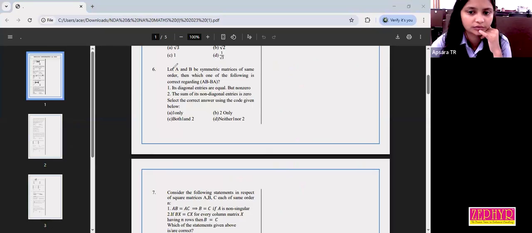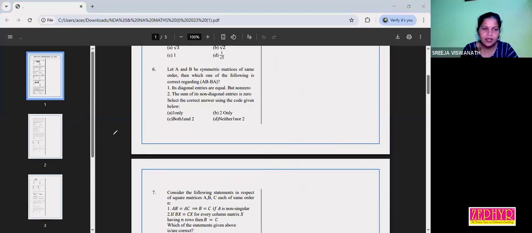A transpose is equal to A and B transpose is equal to B. Which one of the following is correct regarding AB minus BA? So we have to check the nature of the matrix AB minus BA. First, we can check whether AB minus BA is symmetric or skew symmetric, since A and B are symmetric.